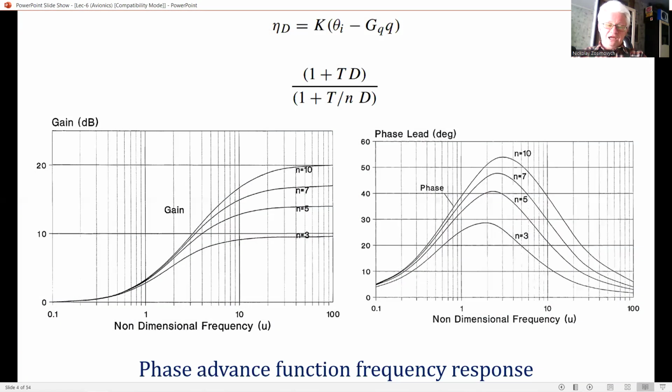As an example, a very simple basic pitch rate command block would be as the top expression, where eta sub d is the tailplane demand angle, theta sub I here is the pilot's input command, Q here is the pitch rate, K capital is a forward loop gain, and the last component in this equation, G sub Q, is a pitch rate gearing.